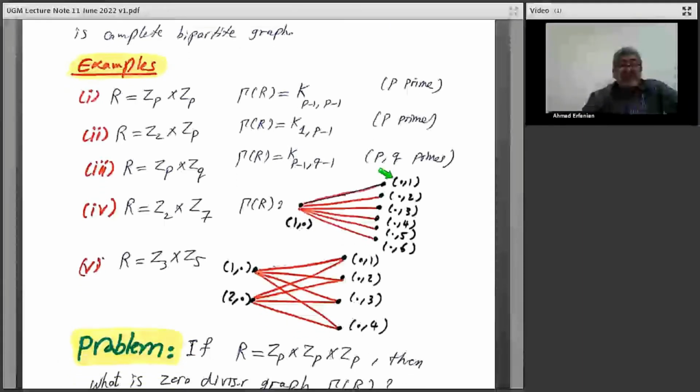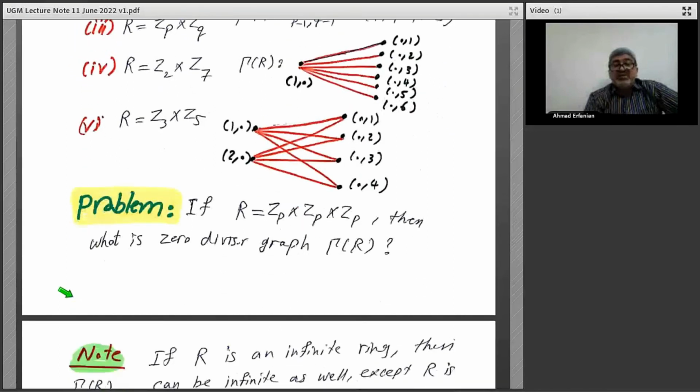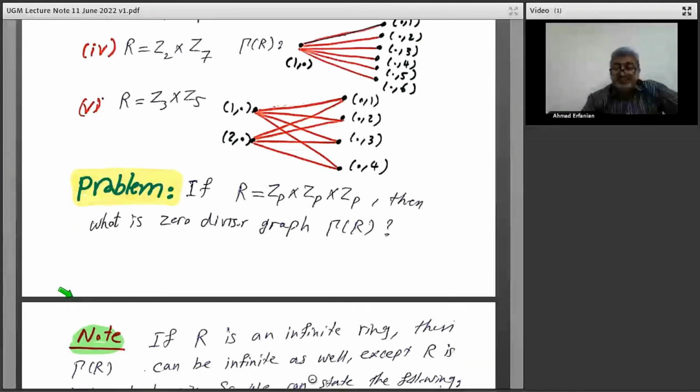And here are some examples about the zero divisor graph. For example, if R is Zp times Zp, the graph is the complete bipartite graph K(p-1, p-1). If R is Z2 cross Zp, we will have a star graph, and so on.